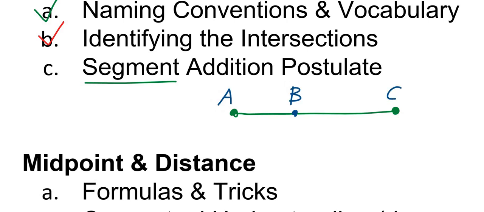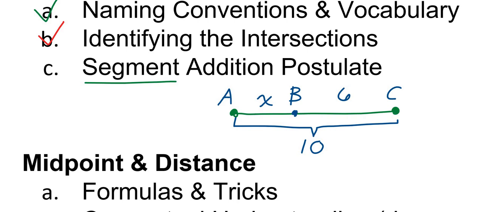For my line segment, I may be given pieces of information. I may be told that from A to B, it's X. And from B to C, it's, let's say, 6. And then they may tell you the entire length of the line segment is, let's say, 10.